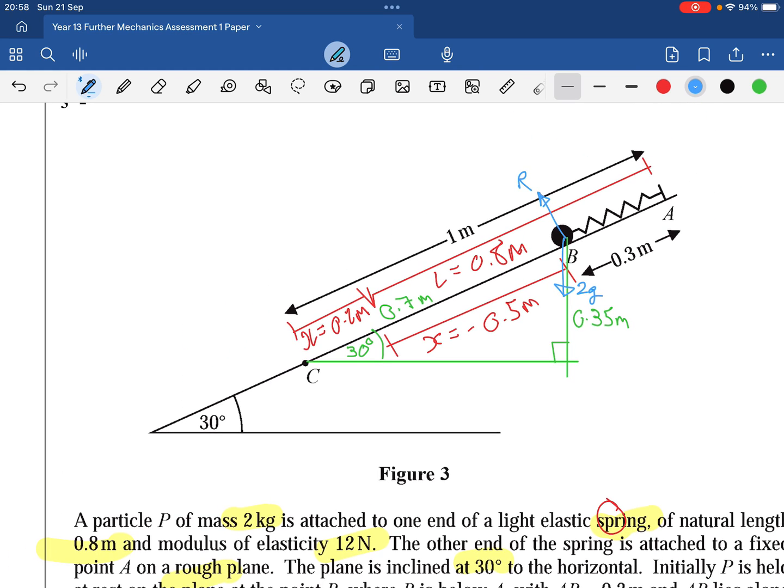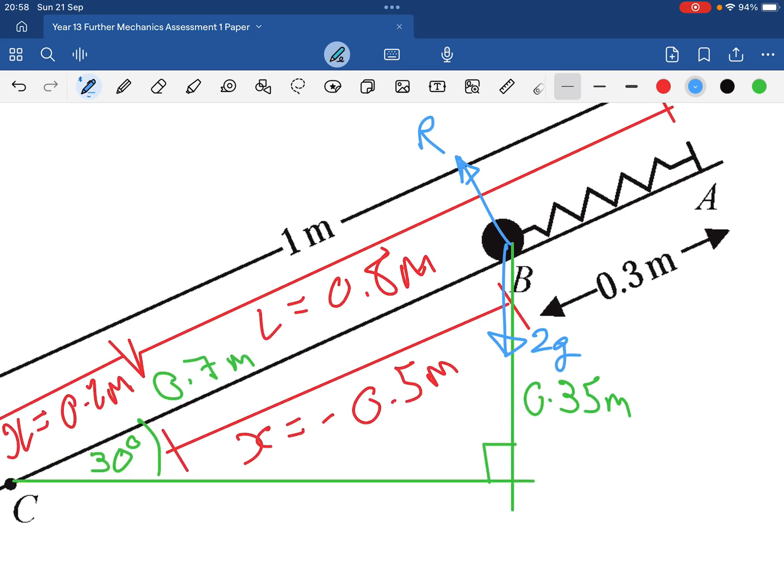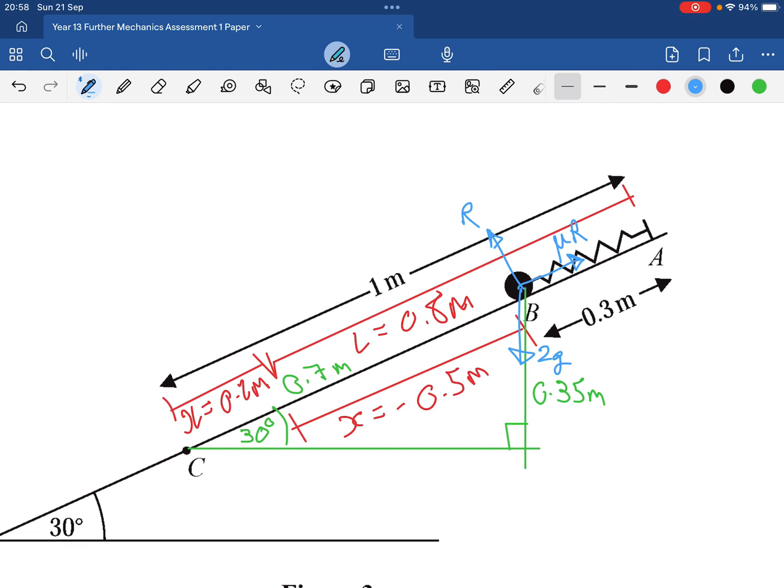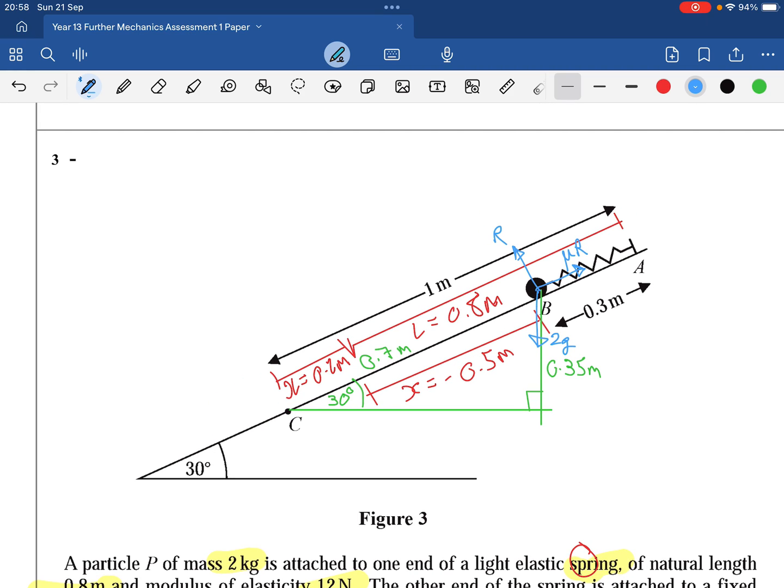And we should be a bit careful about which direction this points. Because our particle is moving from B to C, friction is going to be the opposite of that direction. Friction is going to be trying to stop the particle from moving. And this is going to be mu R, or 0.3 R, using our mu. That's trying to resist the motion of the particle, so it's pointing up the slope.